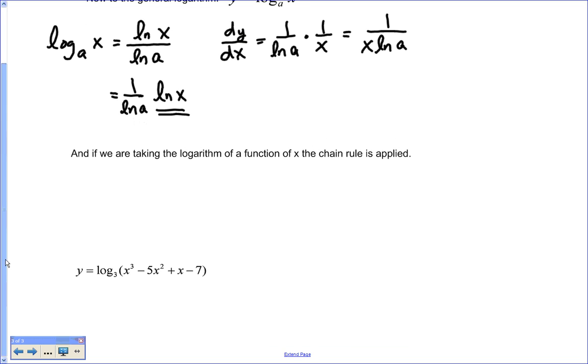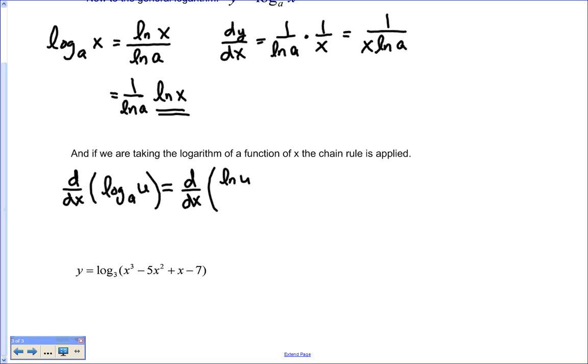And then again, if we're talking about a situation where we're taking the logarithm of a function where the chain rule can be applied, here we'd be doing d dx of the log base a of u, where u is going to be a function of x. This is equivalent to taking the derivative of the natural log of u over the natural log of a.